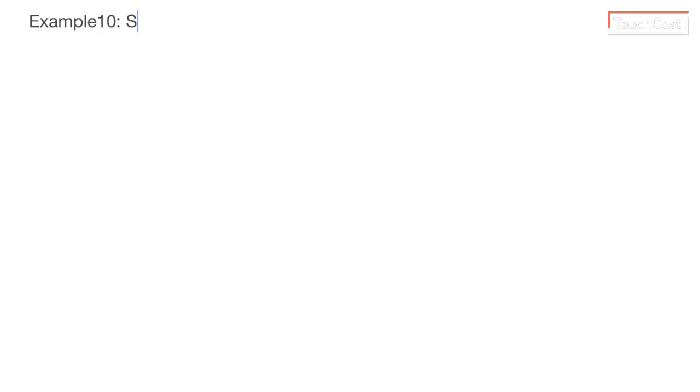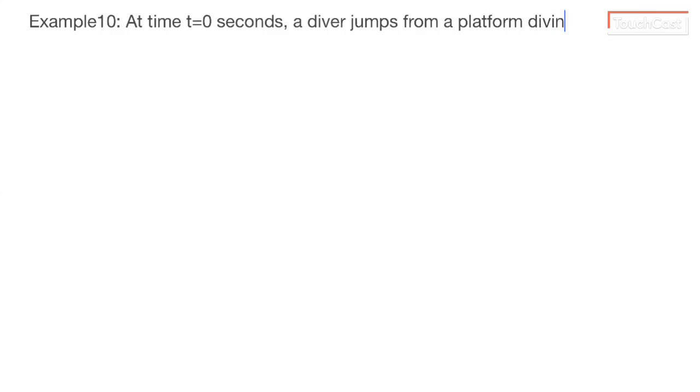We're going to say at time t equals 0 seconds, a diver jumps from a platform, diving board, that is 32 feet above the water.